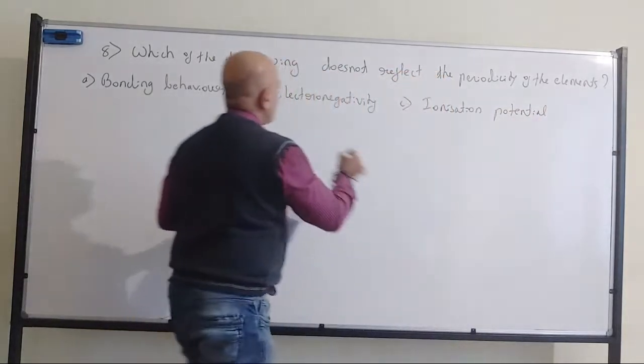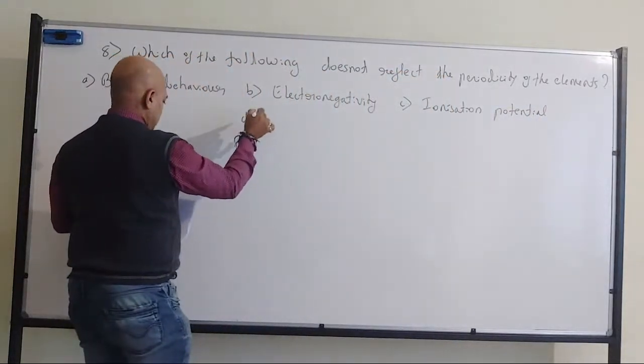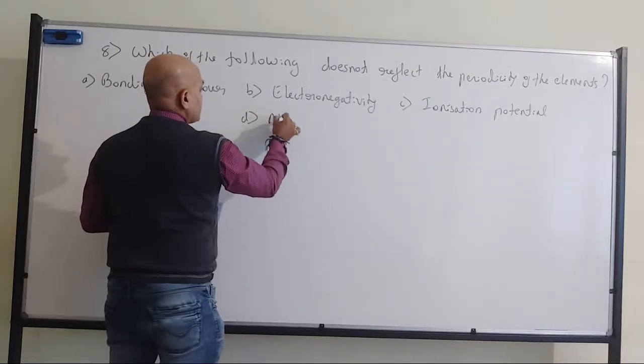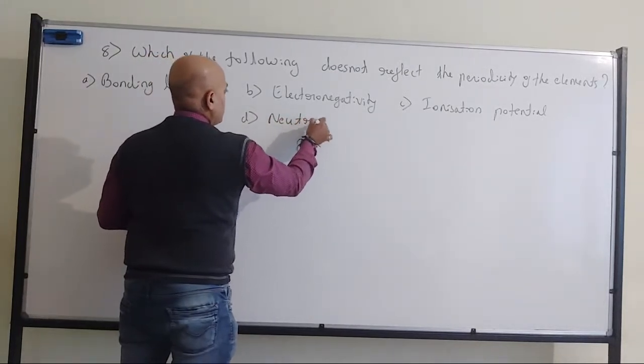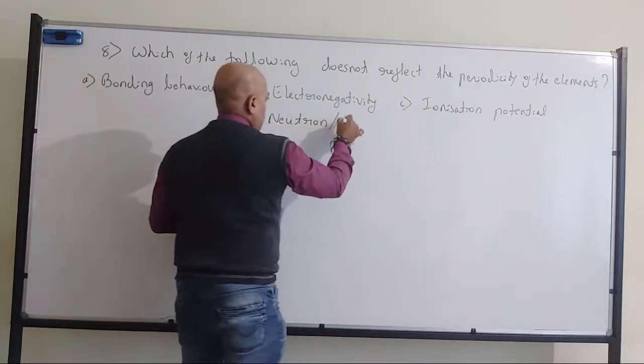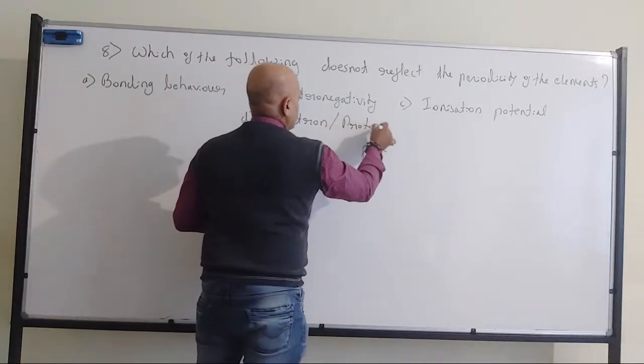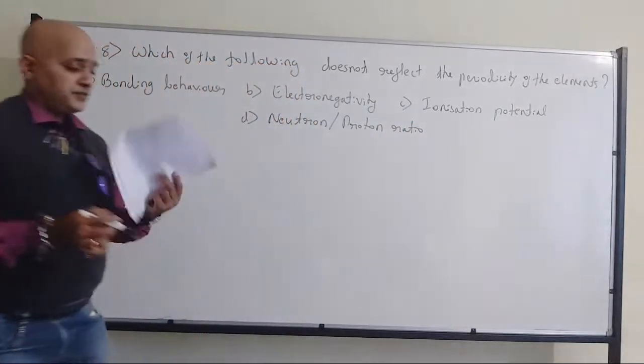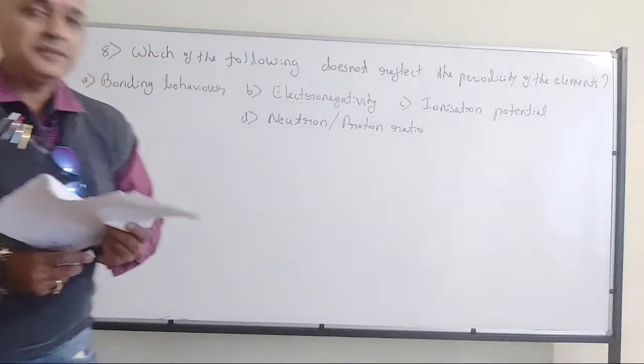And the last option, option D, neutron proton ratio. Neutron proton ratio. Can anyone tell?